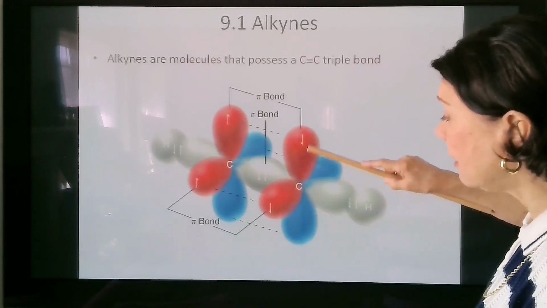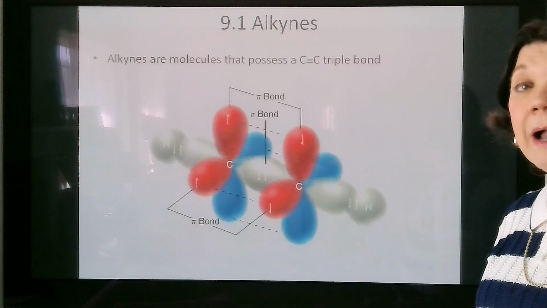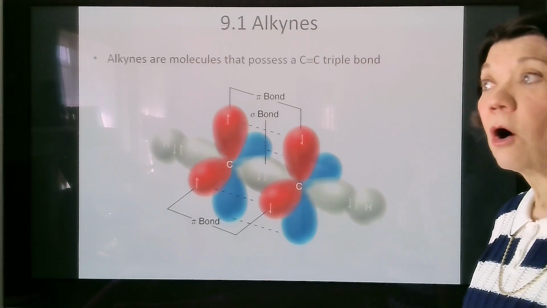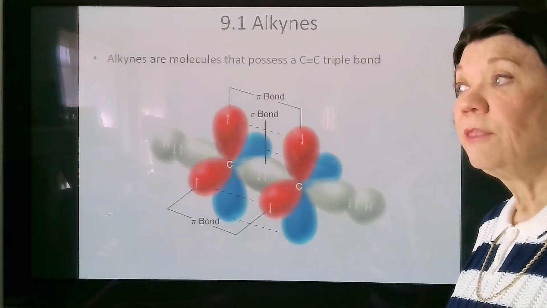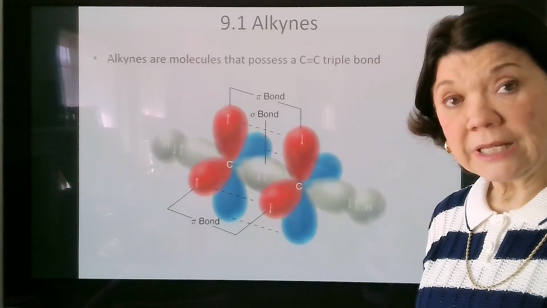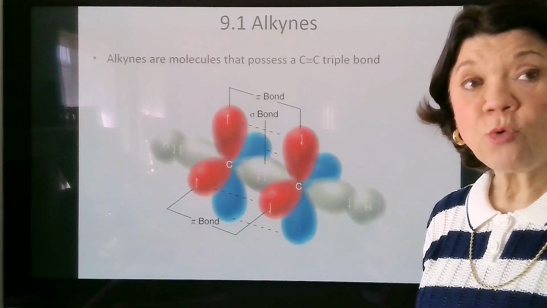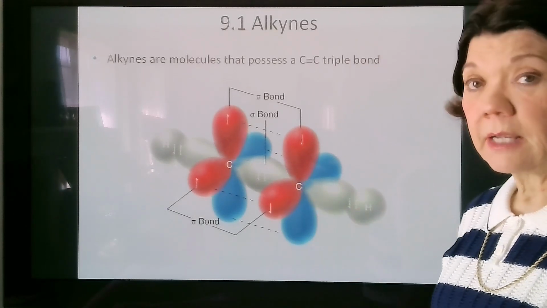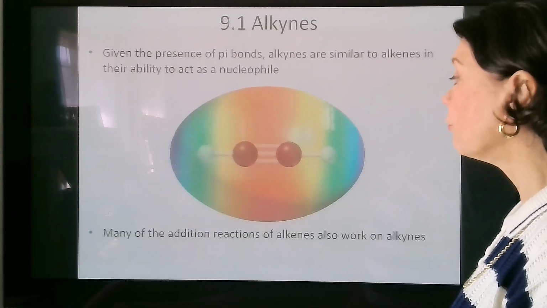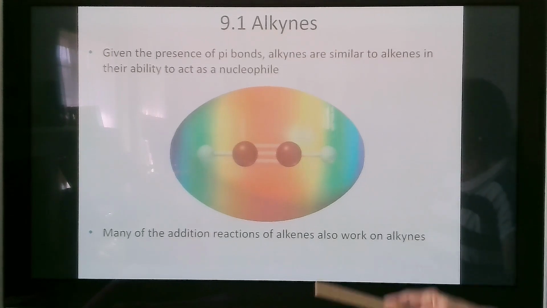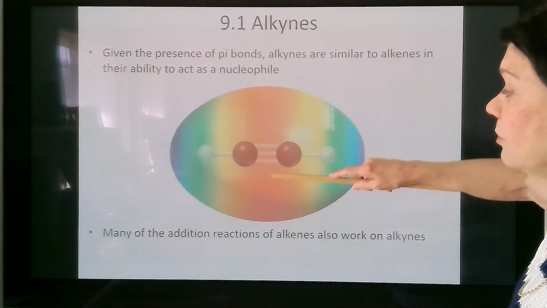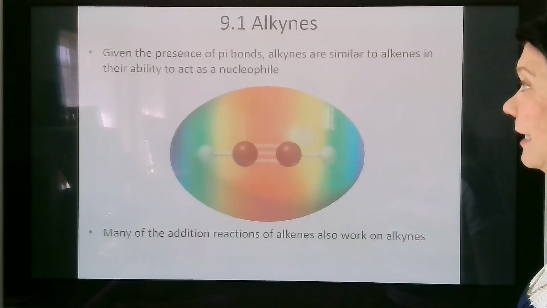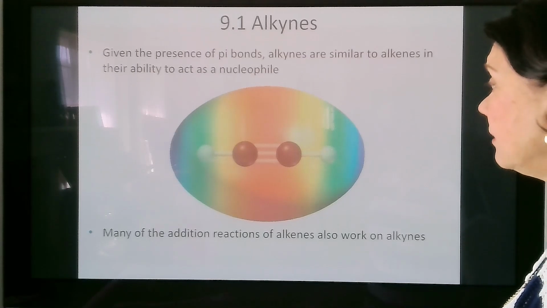And so the pi bonds are more outer lying, they are higher in energy, those electrons are more loosely held, and so that is why you have the pi electrons reacting, but the sigma electrons are not reacting. And so this is going to be a center of high electron density.